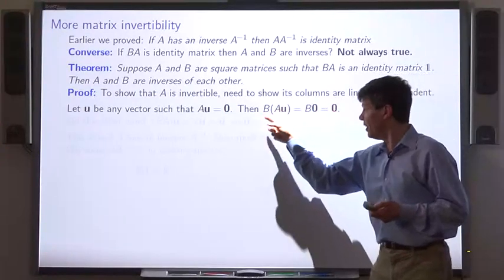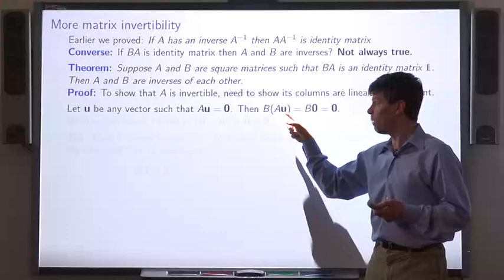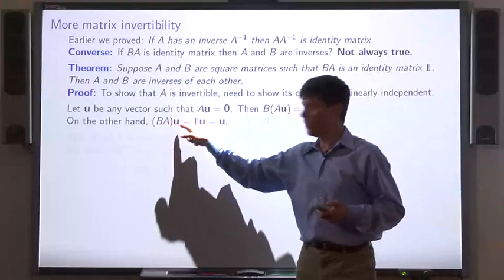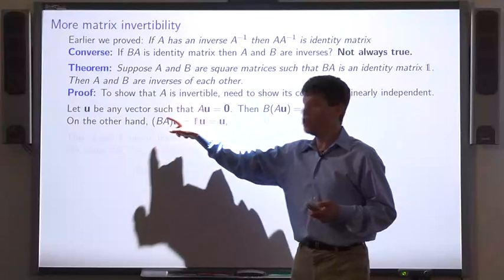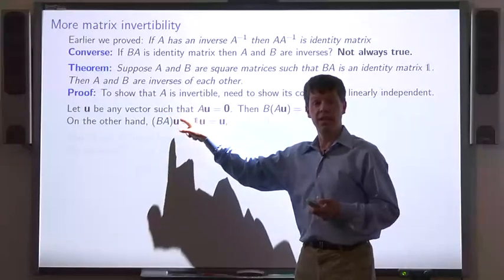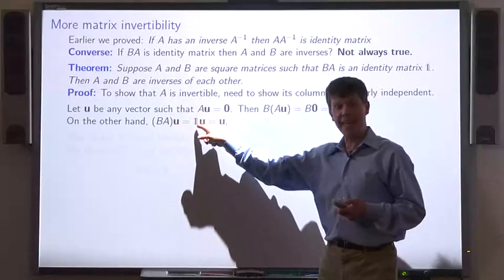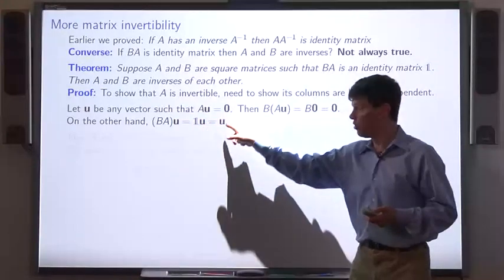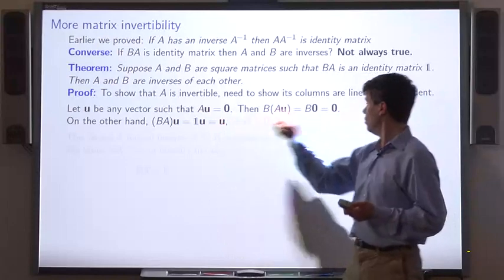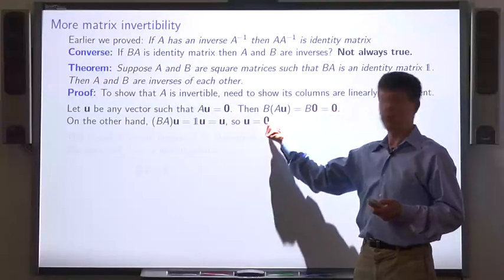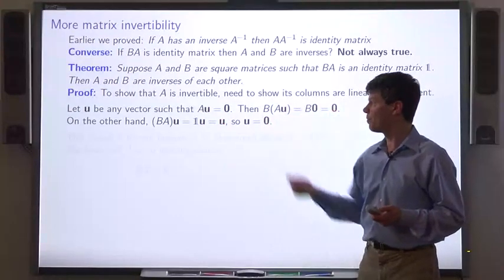On the other hand, this quantity is equal by associativity to this quantity. Now B times A is the identity matrix, so B times A times the vector u is the identity matrix times u, which is u itself. Well, that shows that u must be equal to the 0 vector.